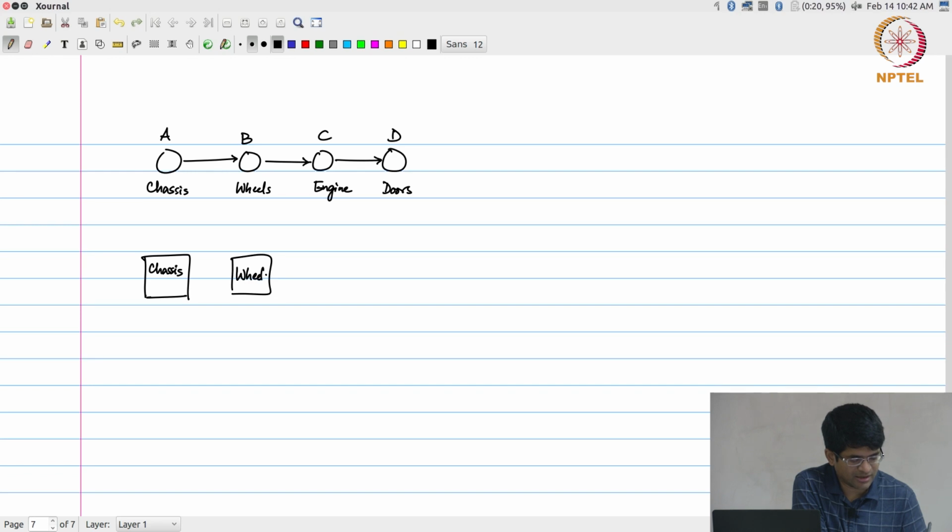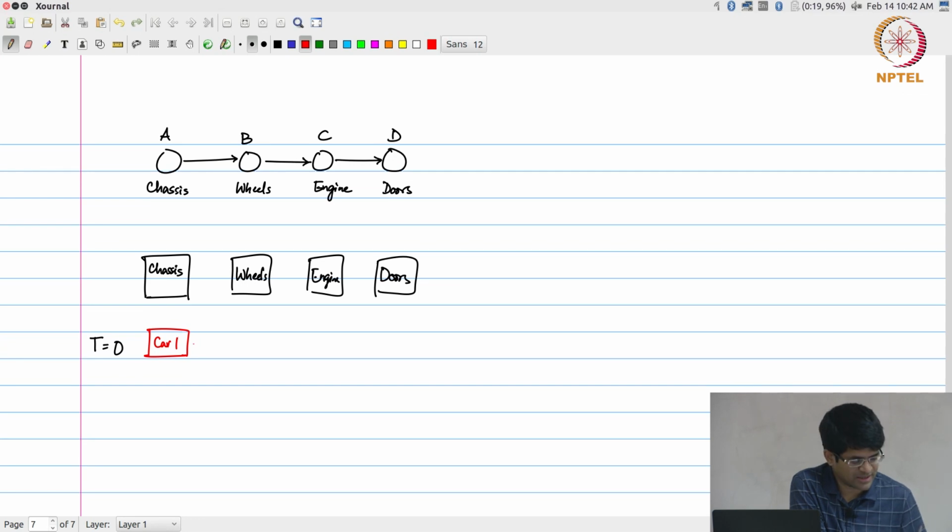So then there is another place where wheels are fitted, another place where the engine is fitted, and the final place where the doors are fitted, which means that the car itself basically would go through all of those stages one by one. Okay. So the way that it would work is, at time 0, so to say, the first car would appear over here, okay, and it would get the chassis put in place.